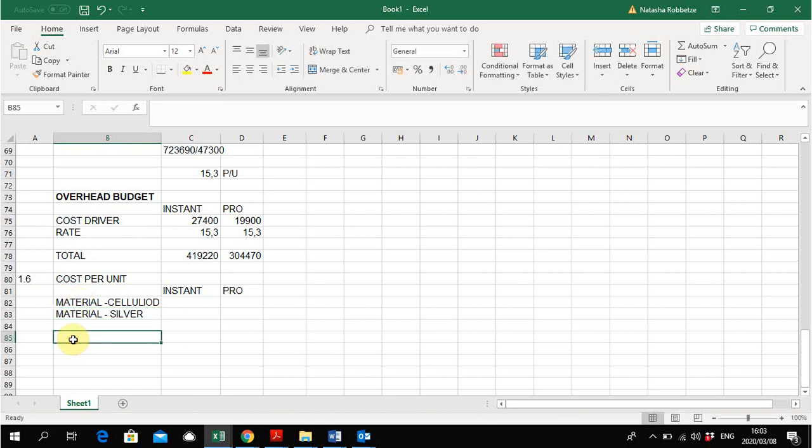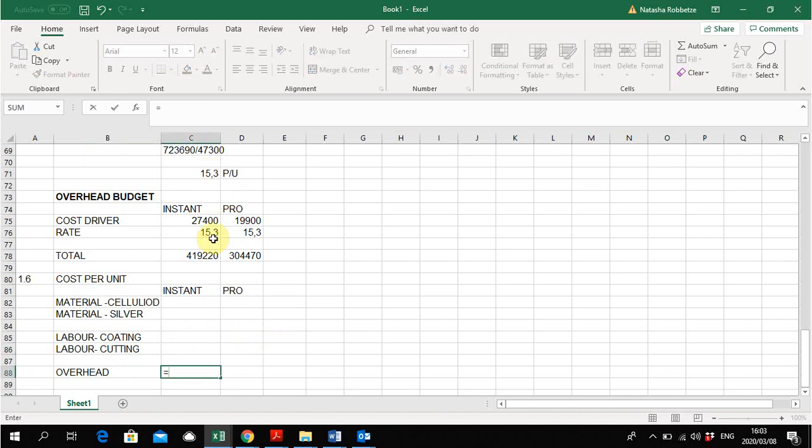Then we had labor, but there were two types of labor. So there was labor in terms of coating and labor in terms of cutting. And then we had our overheads. But the overheads were allocated based on the rates per unit, so I can already use the 15 Rand and 30 cents as is. So that's the easiest part.